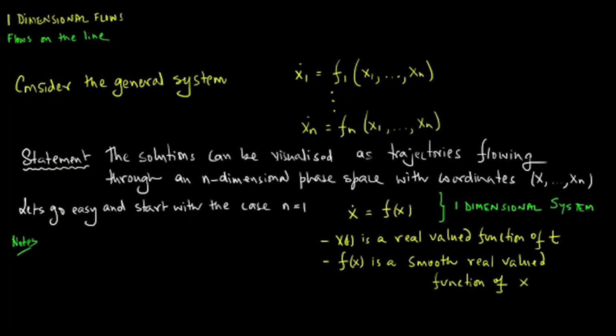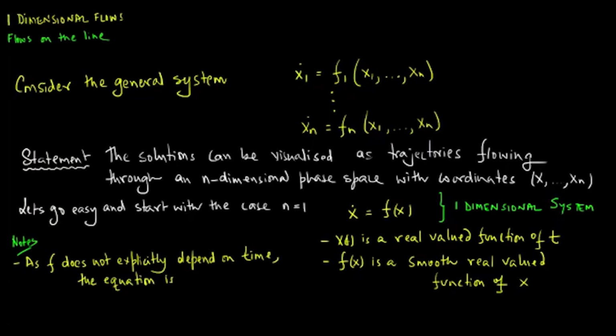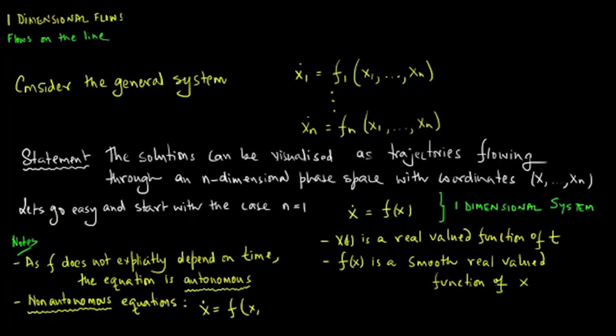Now here are some notes. As the function f does not explicitly depend on time, the resulting equation is autonomous. Non-autonomous equations are equations of the form x dot is equal to f of x, t and are in general much harder to analyze.